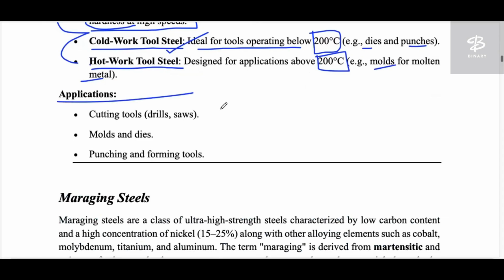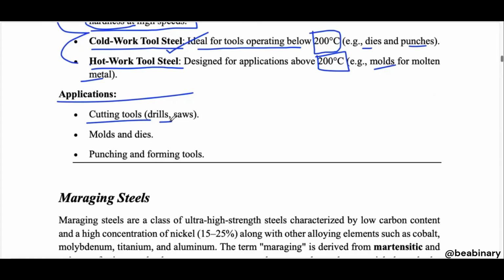So what are the applications of the cutting tools? Tool steel is used for the cutting tools with which we drill, which you all know. I hope all of you have at least once in your life drilled something in your wall, to set a TV or a fan.